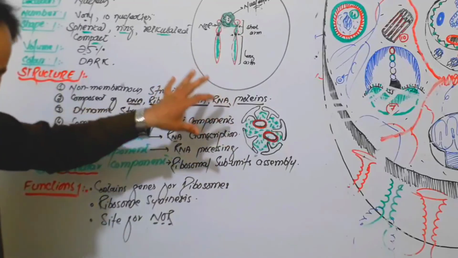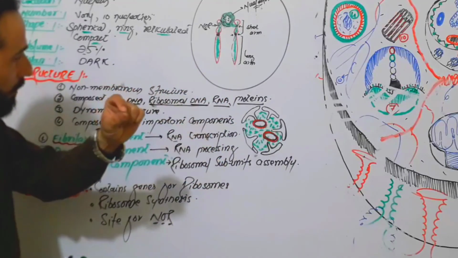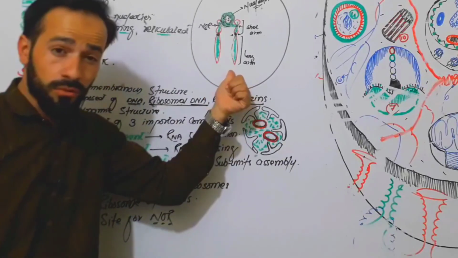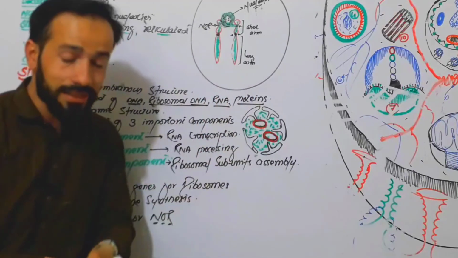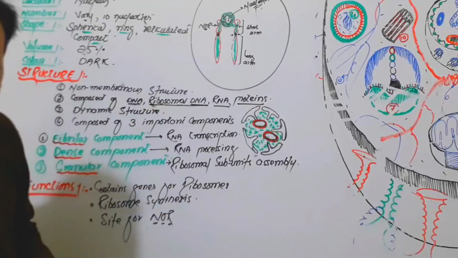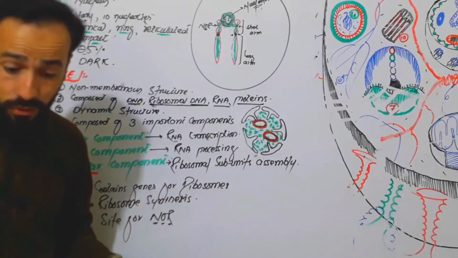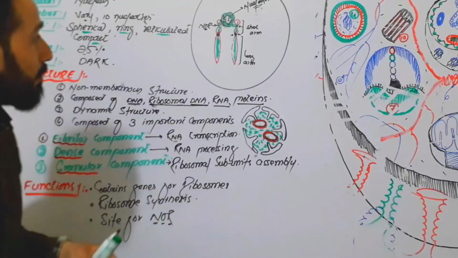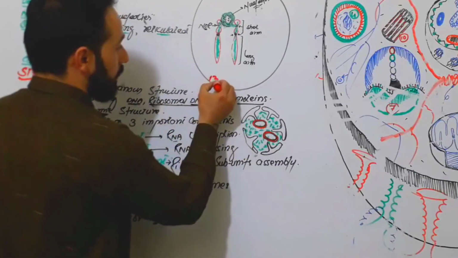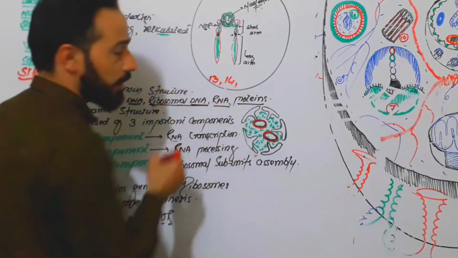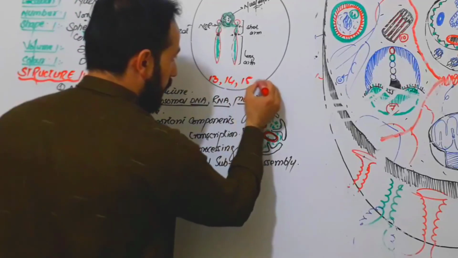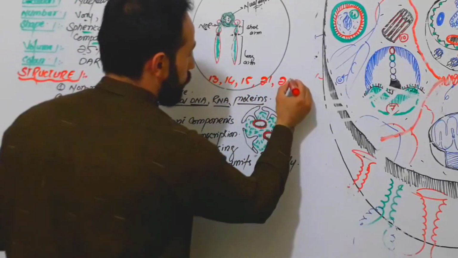And the next important thing, we will say which are the chromosomes which are responsible to make the nucleolus. So in the human body, I told you that there are 5 chromosomes which are responsible to make this nucleolus. So there is chromosome number 13, there is chromosome number 14, right? Then there is chromosome number 15, then 21, and then 22.